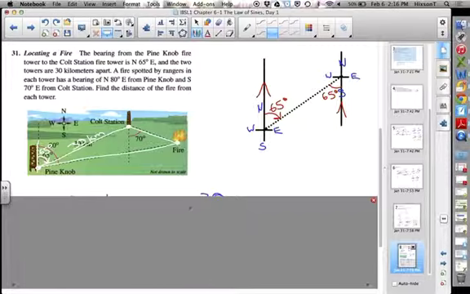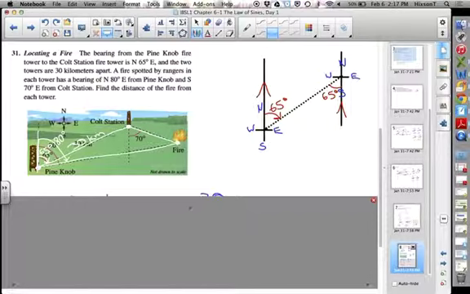Then it says the fire has a bearing of north 80 degrees east from Pine Knob. So again, we're measuring from the north, but we're measuring 80 degrees now towards the east. And then also from Colt Station, we have south 70 degrees east.